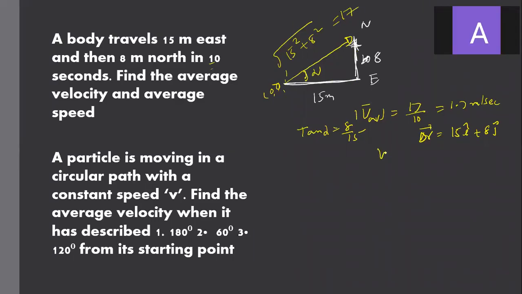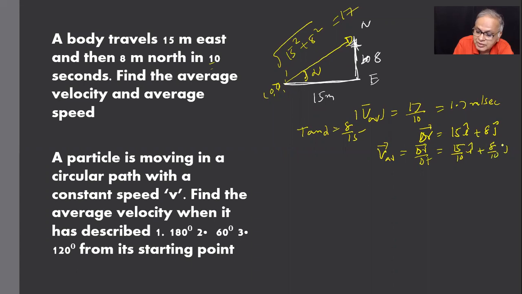V average as a vector is delta R by delta T. That is 15 by 10 i cap plus 8 by 10 j cap, which is 1.5 i cap plus 0.8 j cap.